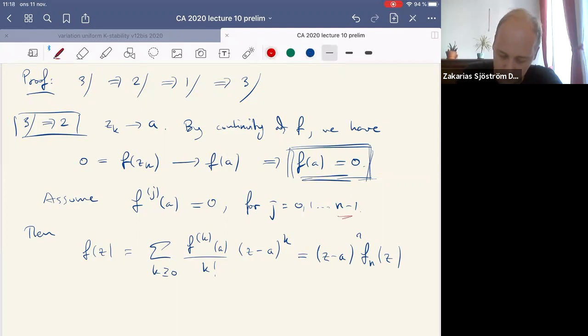So remember n was this thing here. So you see what I do, of course. I assume that all of the first derivatives were 0, so this sum here starts at n. And so then I factor out this (z minus a) to the n from here, and I'm left with something. And the thing I'm left with is analytic.